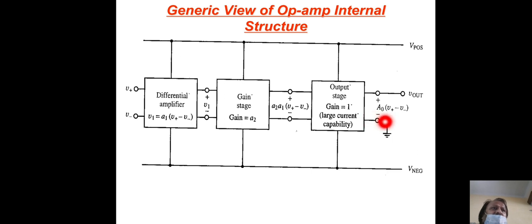V naught is clamped at V positive and V negative supply levels. If A naught times the difference is greater than V positive or less than V negative, the output saturates respectively. This is the operation of the internal structure of the operational amplifier.